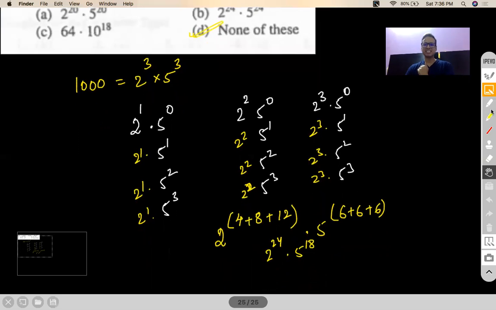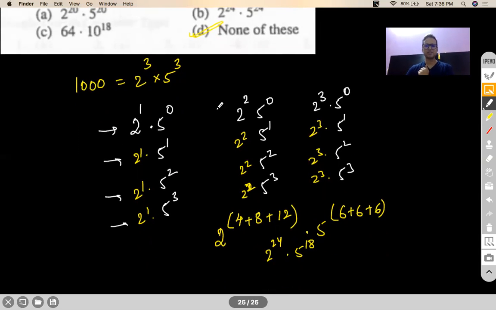See, these are all the factors which are multiples of 2. When you're multiplying, I'm considering 2s to be multiplied together and 5s to be multiplied together. So if you multiply all the 2s together, this is 2 to the power 4, this is 2 to the power 8, and this is 2 to the power 12.